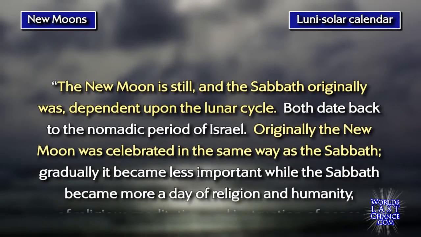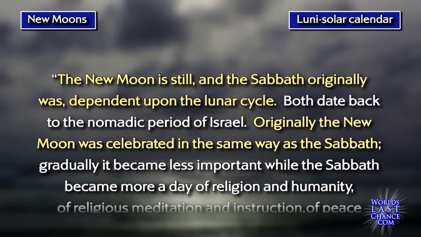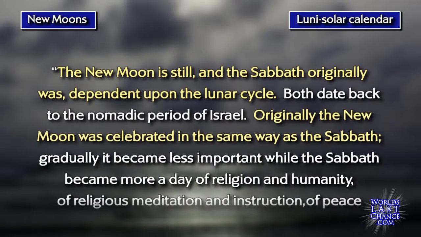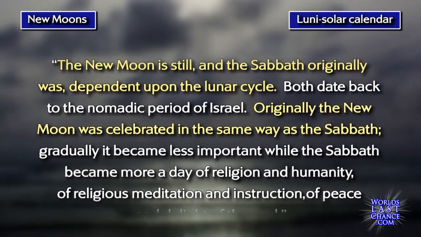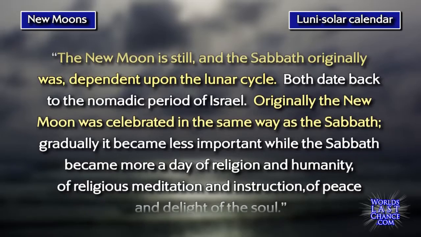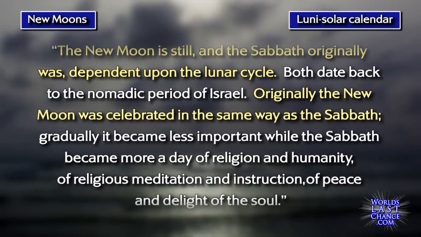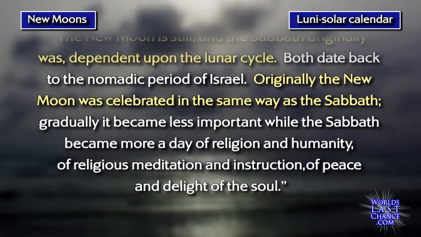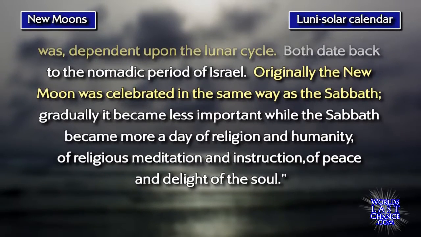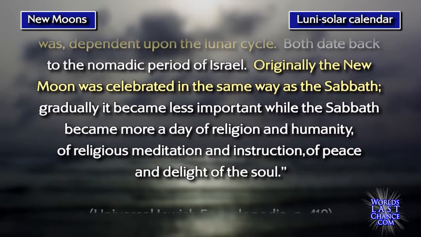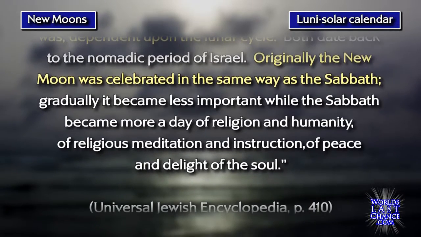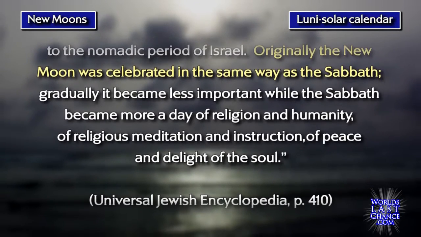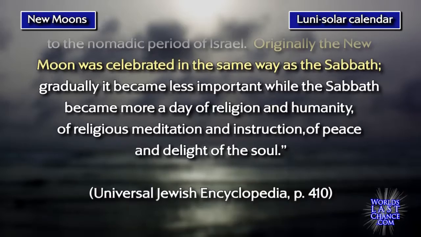Both date back to the nomadic period of Israel. Originally, the new moon was celebrated in the same way as the Sabbath. Gradually, it became less important, while the Sabbath became more a day of religion and humanity, of religious meditation and instruction, of peace and delight of the soul.